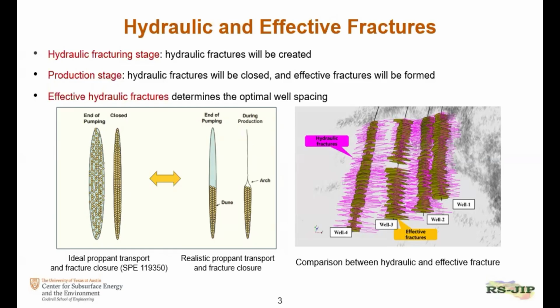And here we want to define two phases for the hydraulic fractures. The first phase is called the wetted fracture geometry. This is when you put all the pumping fluid, all the proppants into the reservoir, and this is when you initially frac the reservoir and do the completion job.